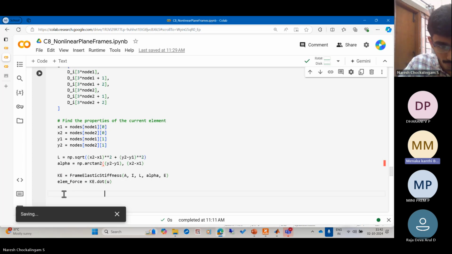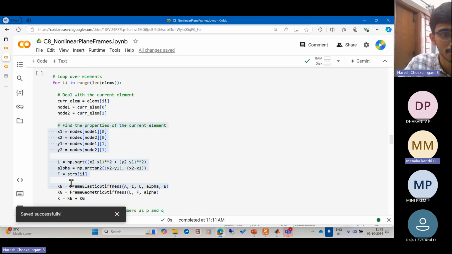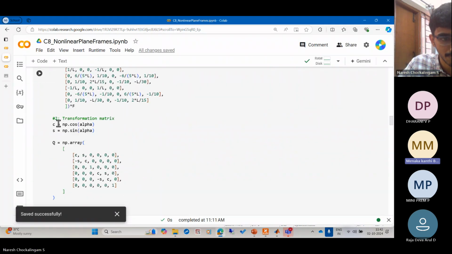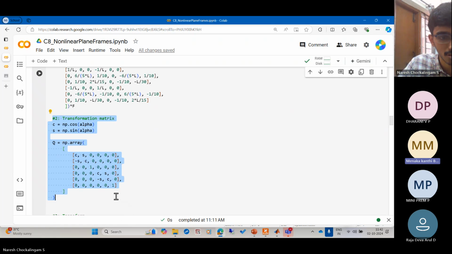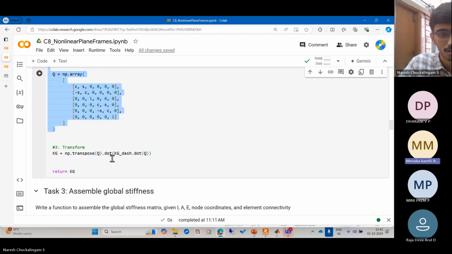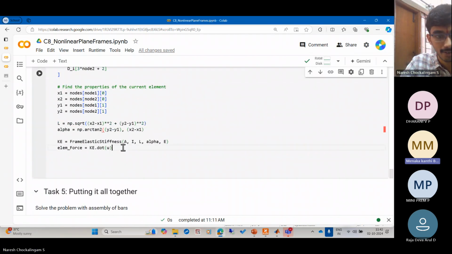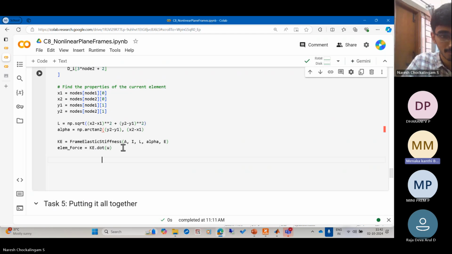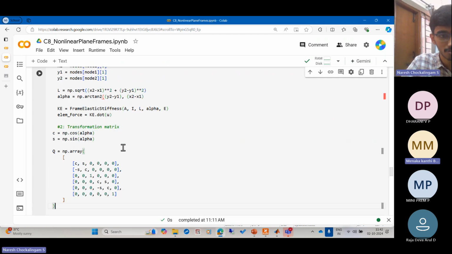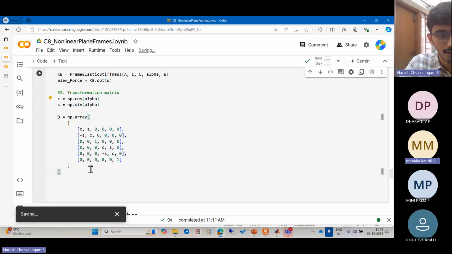Next, we have to transform this element force to local coordinates. So now use the transformation. Use this to transform the element force.